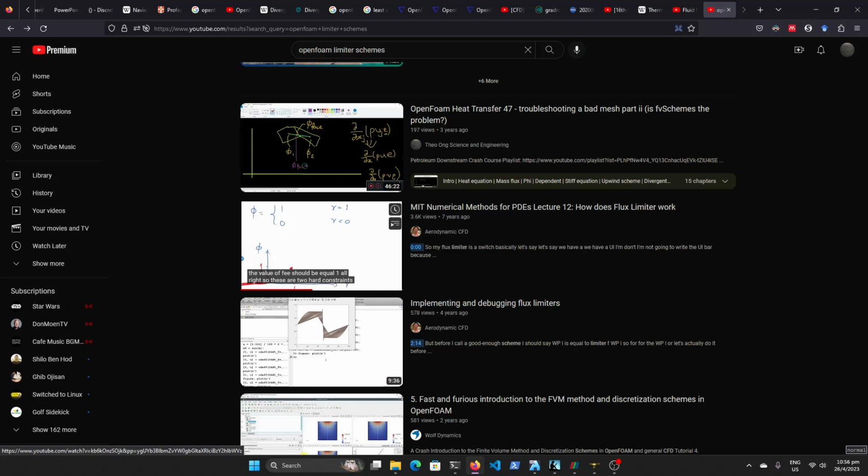I'll leave those in the link. I won't say this is meant for slow and steady learning where things are guaranteed to be explained nicely, but the content is there, and he draws out those diagrams for you so that you can see what fluxes are being limited, are not limited, and how the limiter function works in a more visual way.